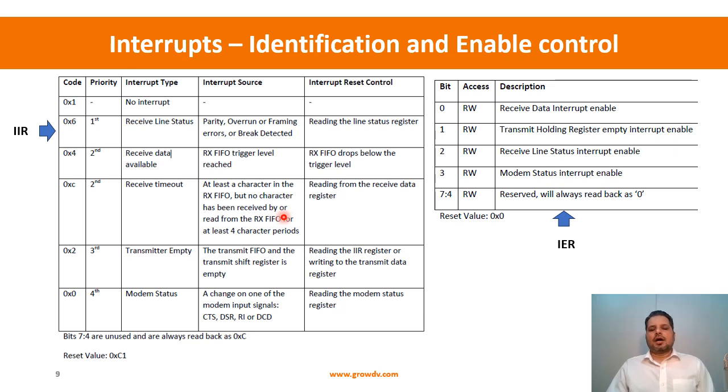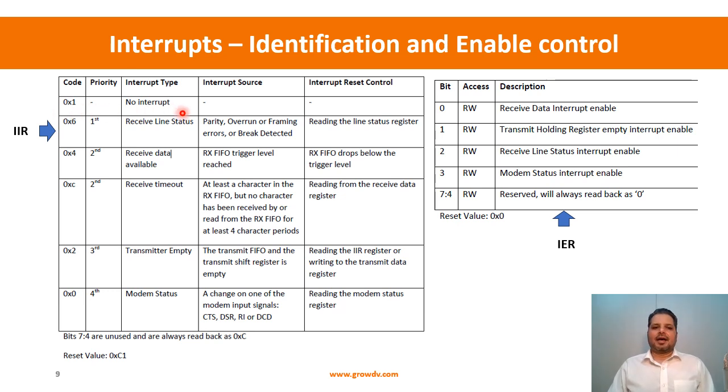The way the IIR register does it is by encoding based on a priority encoder. So if multiple of these events have taken place, it will give the interrupt code based on the priority. And what is the priority that they have indicated over here? It will give 0 1 when there is no interrupt, that is, no event has taken place.